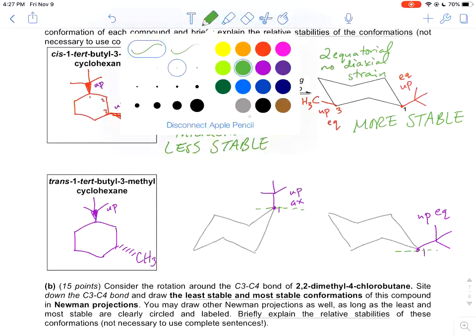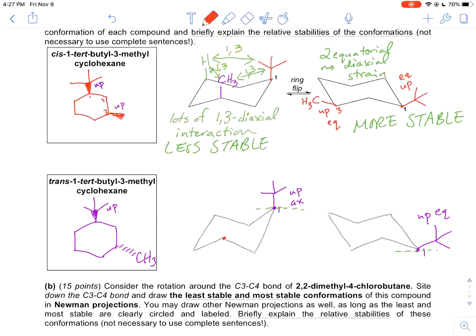The methyl group is going to be on carbon 3, 2 carbons away in that direction, but it's going to be down. Now, before we saw this group was up and axial, so down here it must be down and equatorial. Over here, we want it to still be down, equatorial.